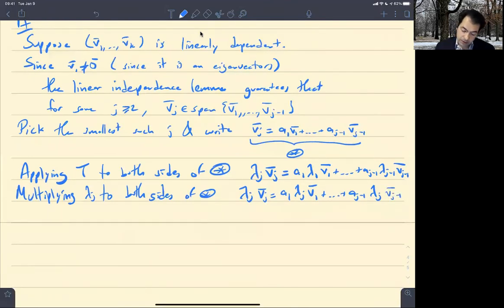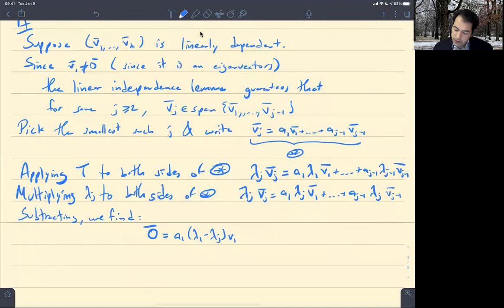And now I can subtract them. Subtracting, I get the vector 0 on the left, because lambda j vj cancels lambda j vj. And over here, I end up with a1 times (lambda 1 minus lambda j) v1, and so on until aj minus 1 times (lambda j minus 1 minus lambda j) vj minus 1.